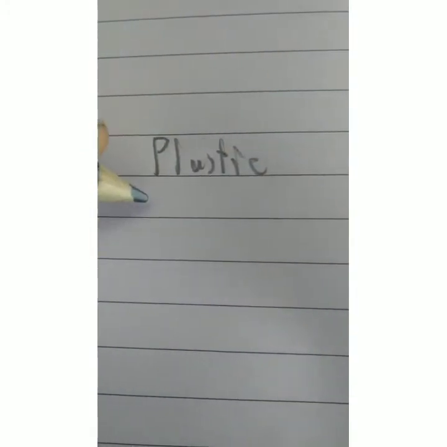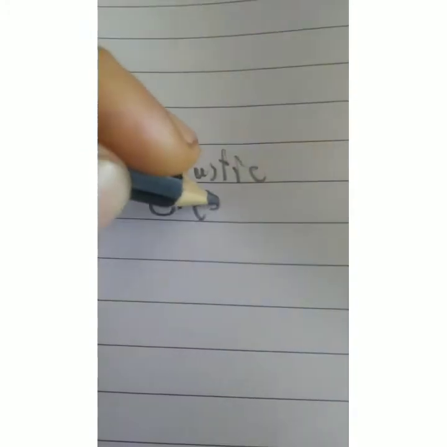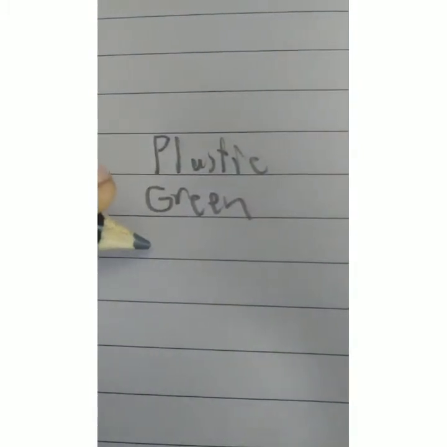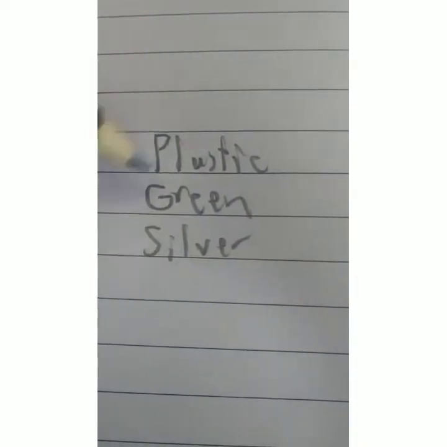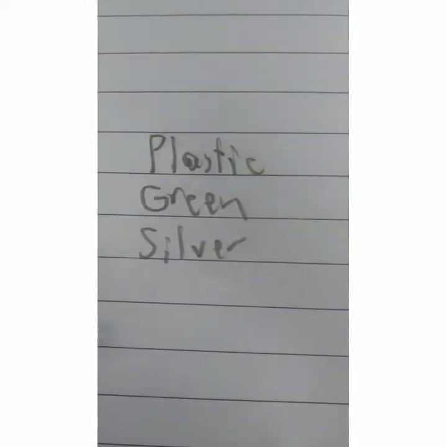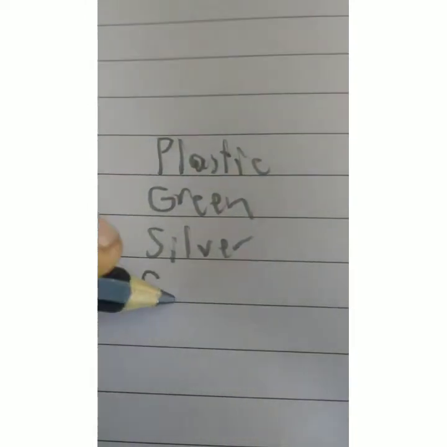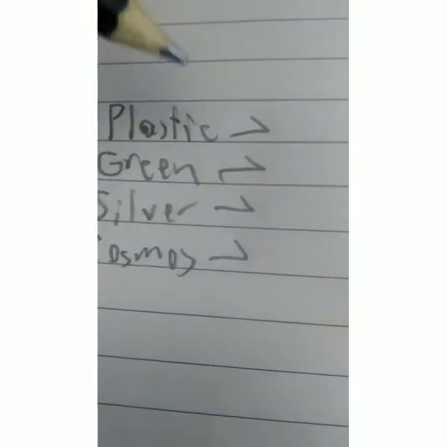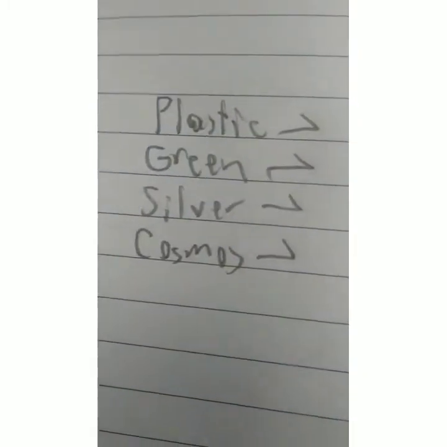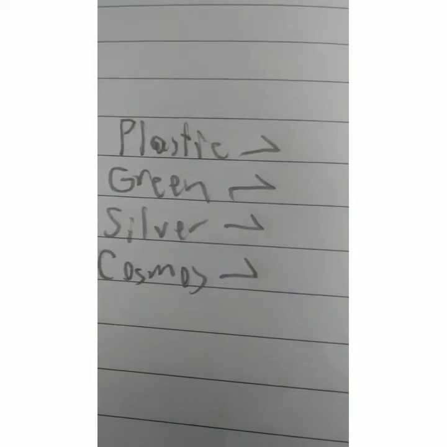So like you've got plastic, green, silver, and cosmos. Alright. And then you simply ascribe a meaning to each thing.